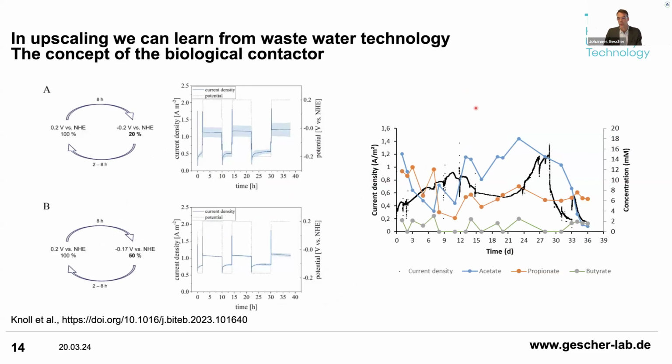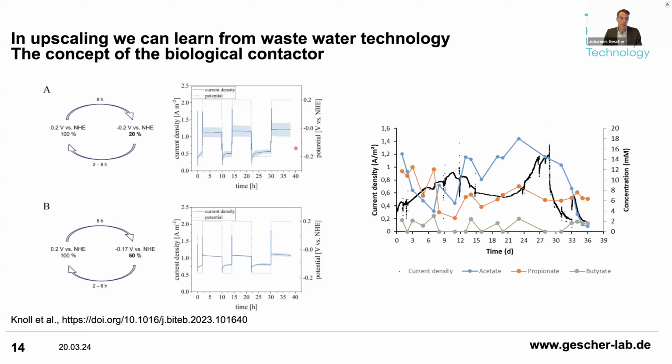These are experiments in 10-liter scale where you see that we can monitor current density here in black over time. The systems give us maximum current densities with waste substrates of up to 1.5 amps per square meter. We can also see what the biofilms like the most, what is depleted the most, which is in this case acetate, a very simple carbon source.